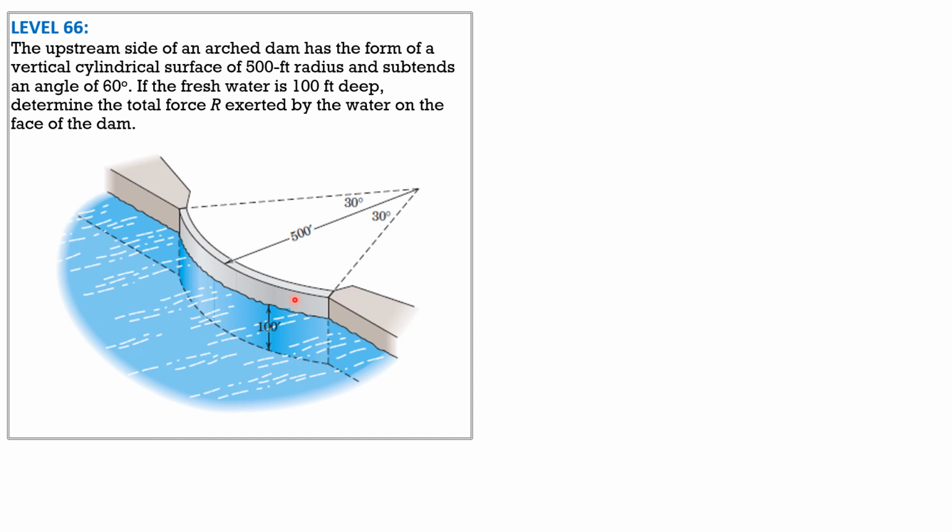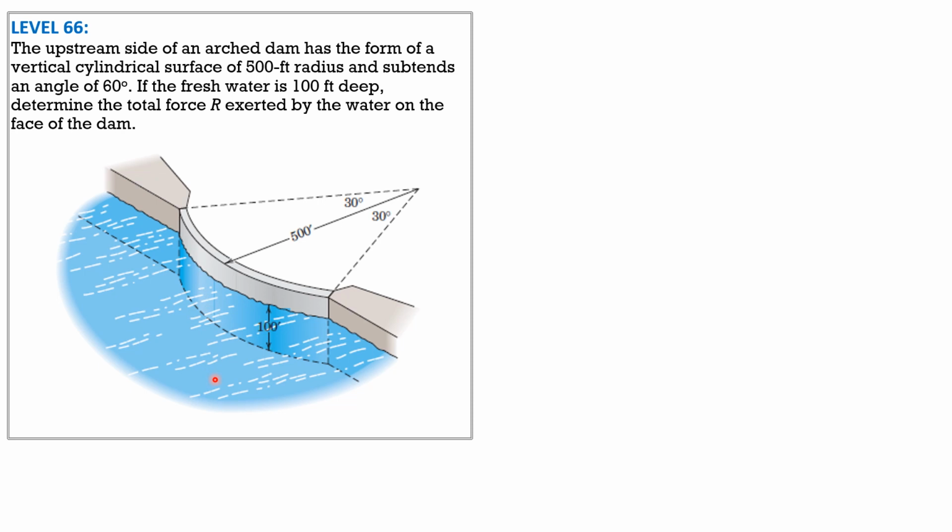This time, I used the formula which I also derived in the preceding examples, that the resultant force normal to the projected area of this arc dam is specific weight of water, then h, the distance from water surface to the centroid of area, times the area.